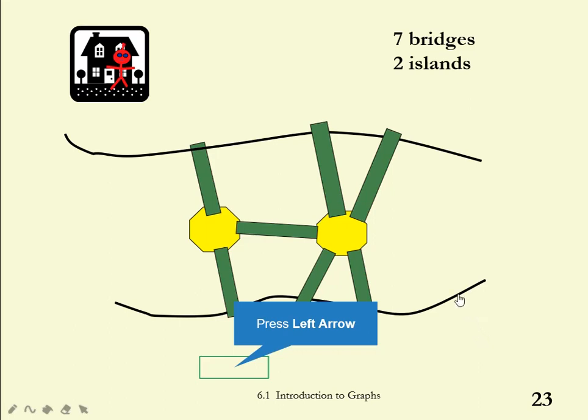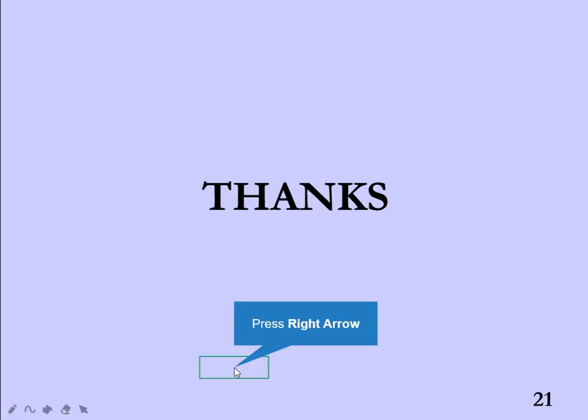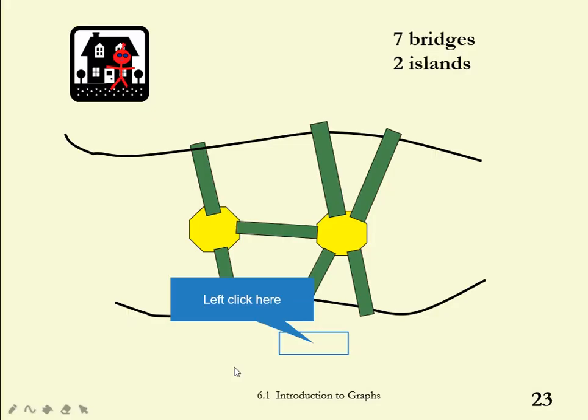Now the animation says, look at the animation here. It says that there are 7 bridges and 2 islands. That means from this island you are supposed to go to this island. There are 7 bridges. Now in the previous slide you might have seen the rules.